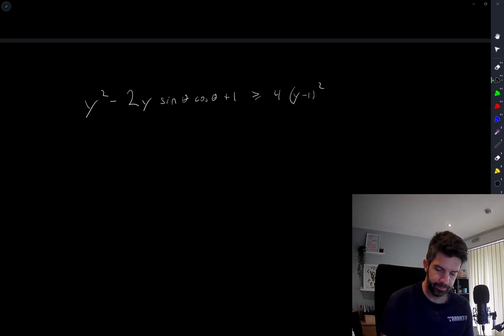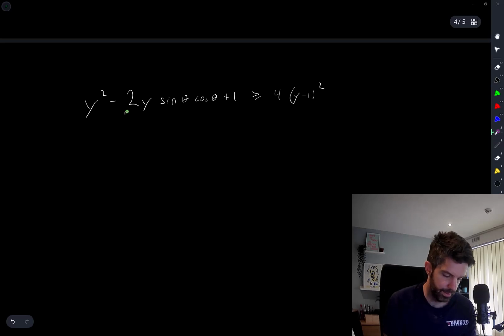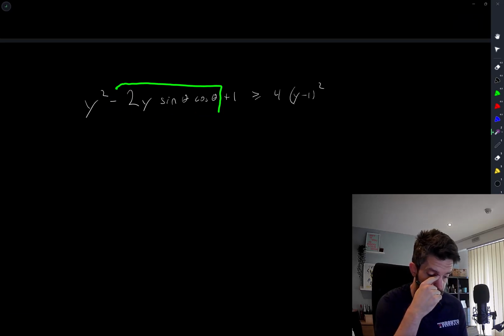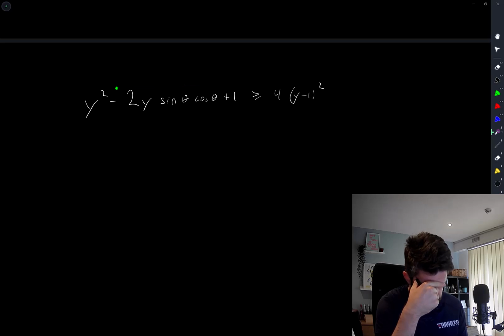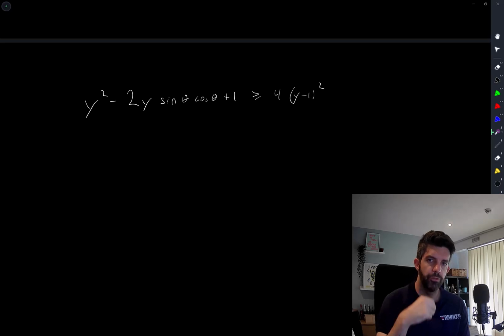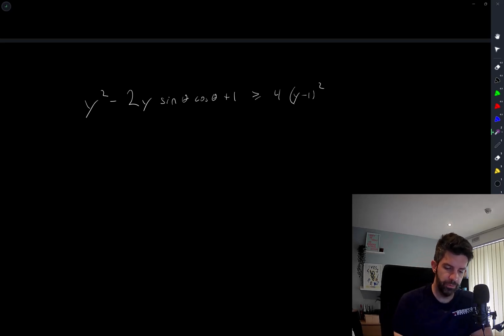But if this whole thing is positive, including the negative sign, then I can't just get rid of that. Is it true that y is always positive? Based on the expression, it looks like it probably is.